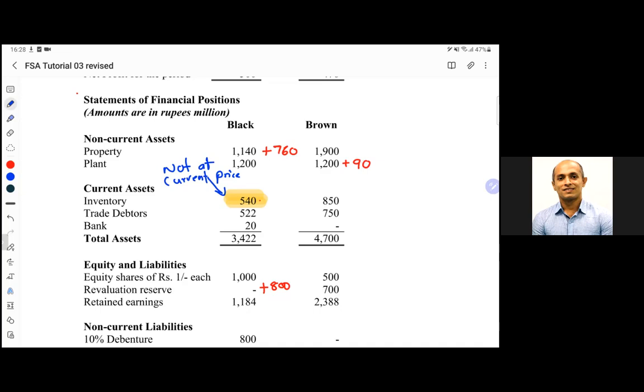Now you have to see the company's inventory holding period. If the company holds inventory, let's say for a holding period of 2 months, after every 2 months the company purchases new stocks.